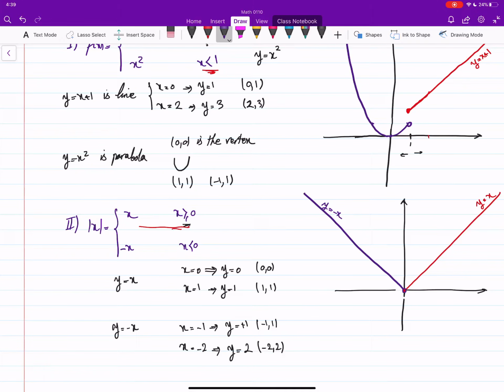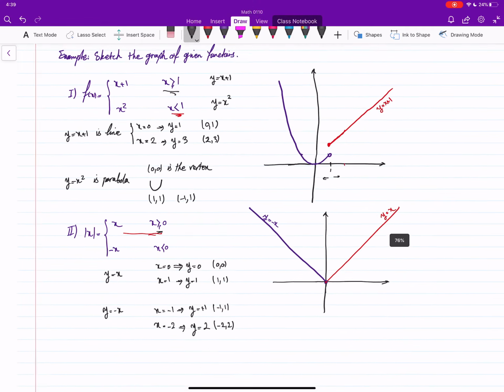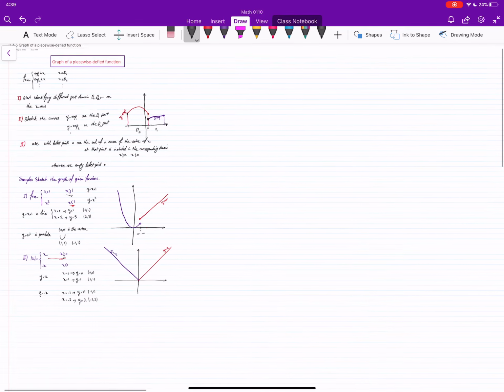Both of them give us the same point. So that point, which is 0, 0, is included in the curve. And that is how you sketch absolute value of x, and in general functions which are piecewise defined.